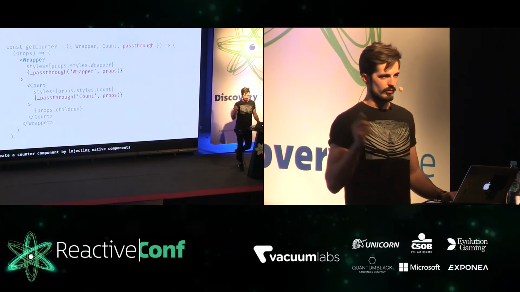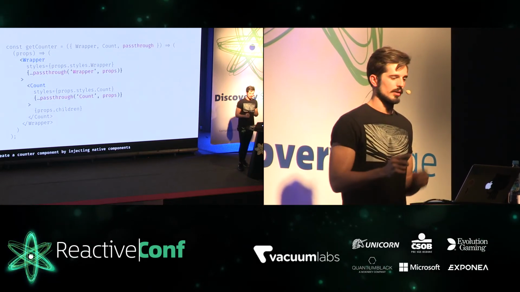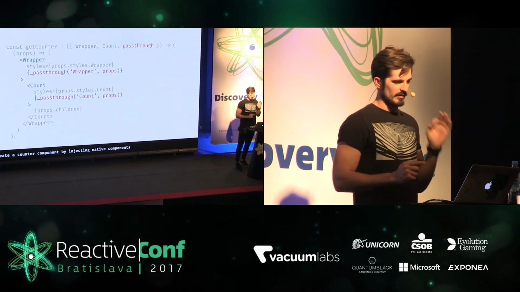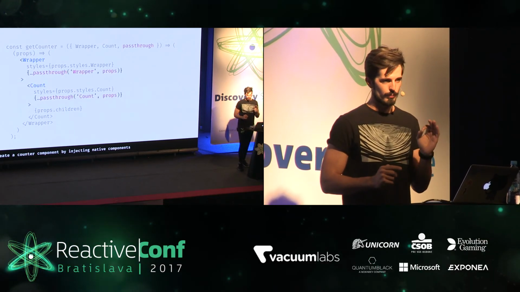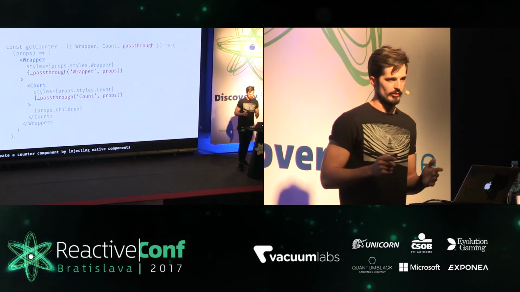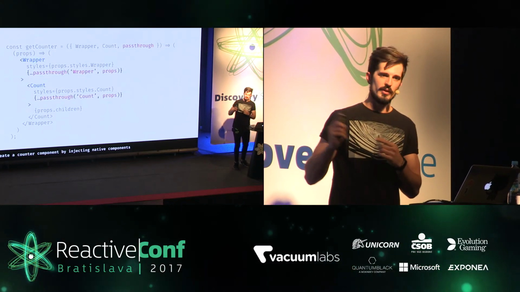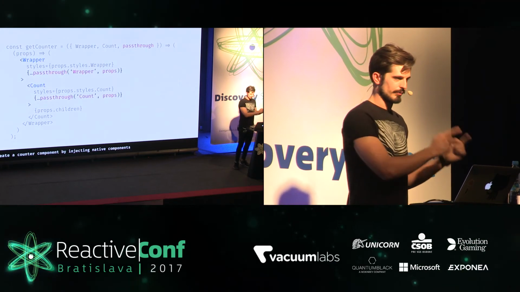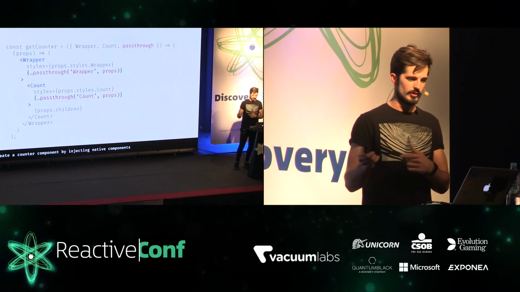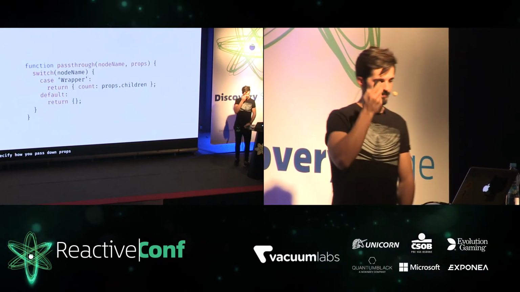And the arguments for this function are going to be the name of the component node it's being called for, and the props of the component itself. So an implementation that allows me to solve that problem, turning the wrapper background red when the counter is higher than 10, could be something like this.